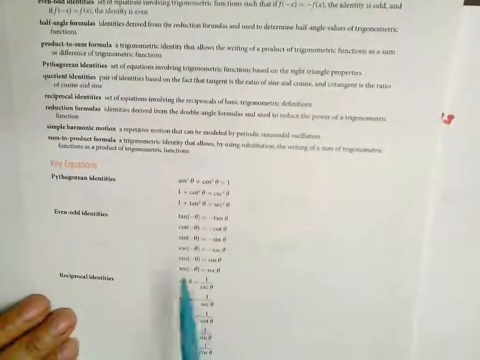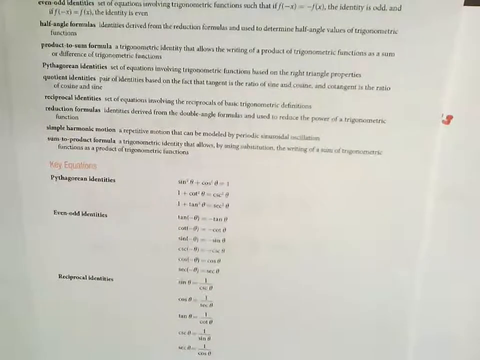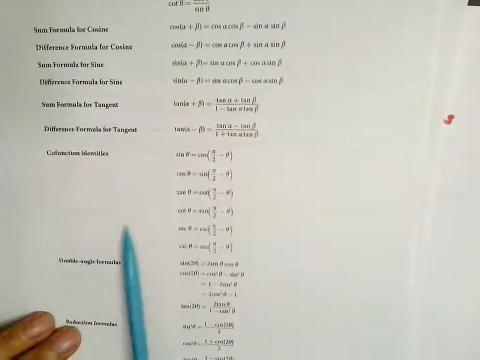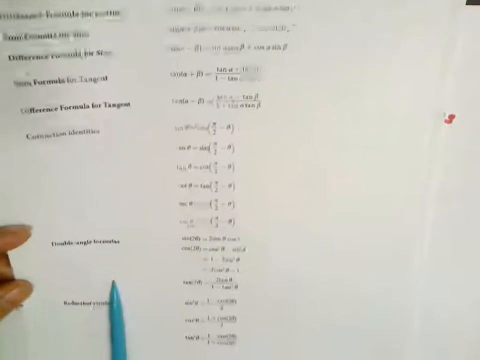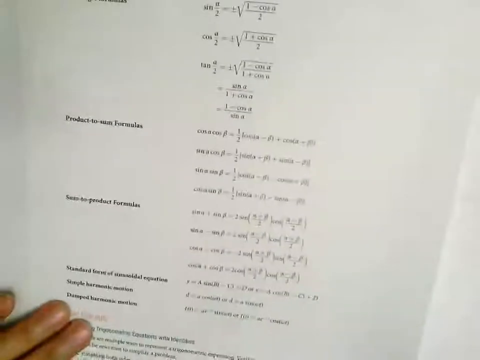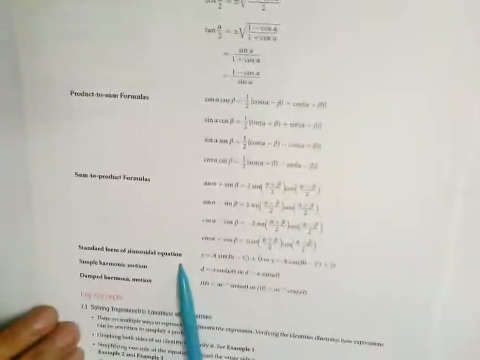You see, we have our Pythagorean identities, even-odd identities, reciprocal identities. You see our sum and difference for cosine and sine, cofunction identities, double angle identities, reduction formulas, our half angle formulas, our product to sum and sum to product.